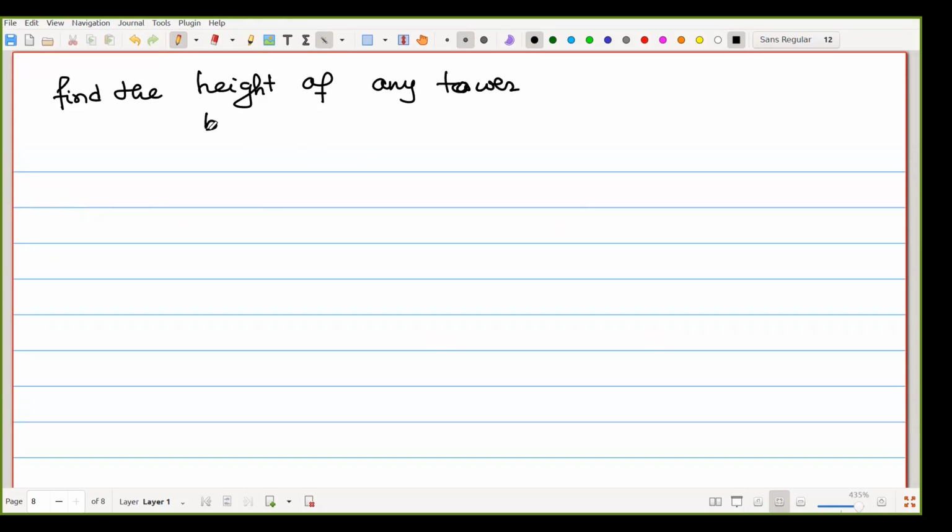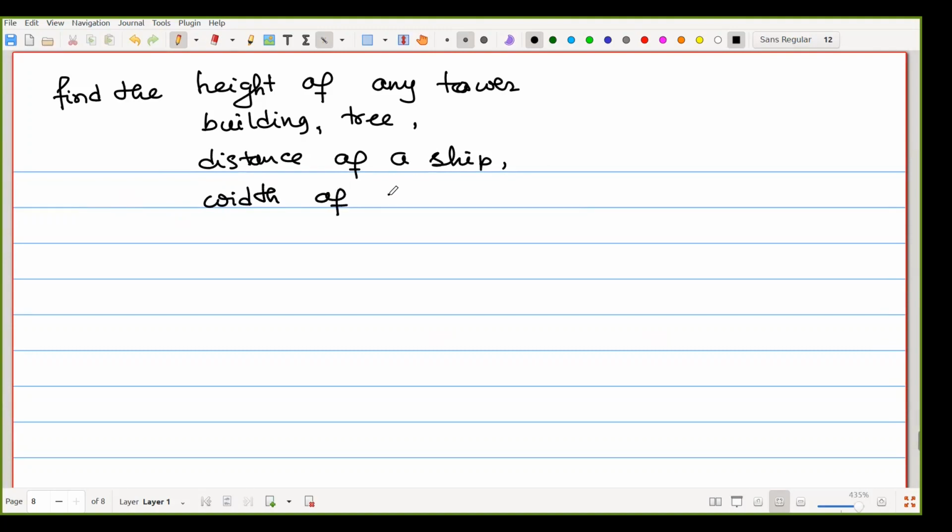Suppose a building, suppose a tree, suppose we have to find out the distance of a ship. Suppose we have to find out the width of any river, like that.